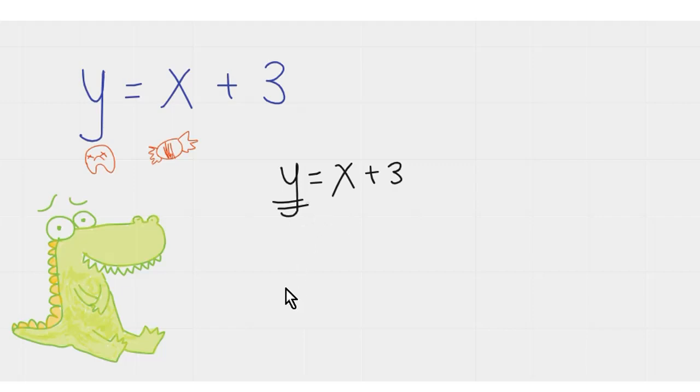And when we're asked to find x, it means that we're finding the number of lollies that Alvin's eaten if Alvin's lost y number of teeth.